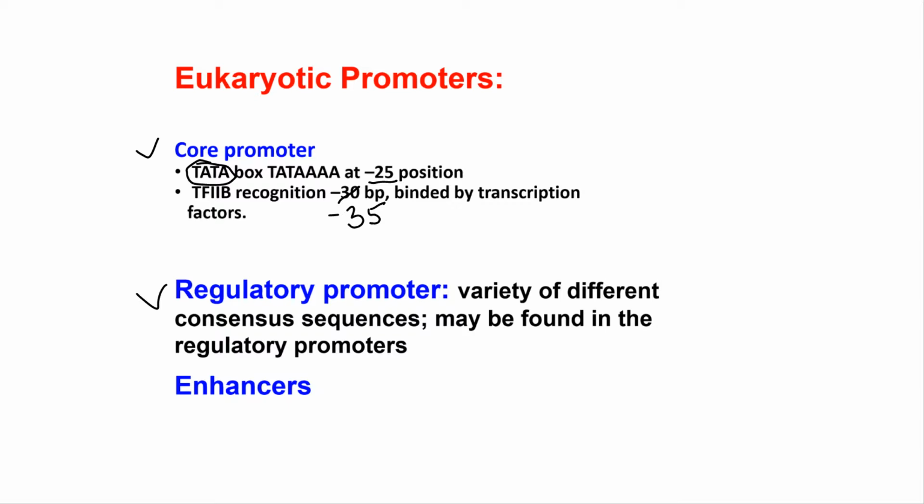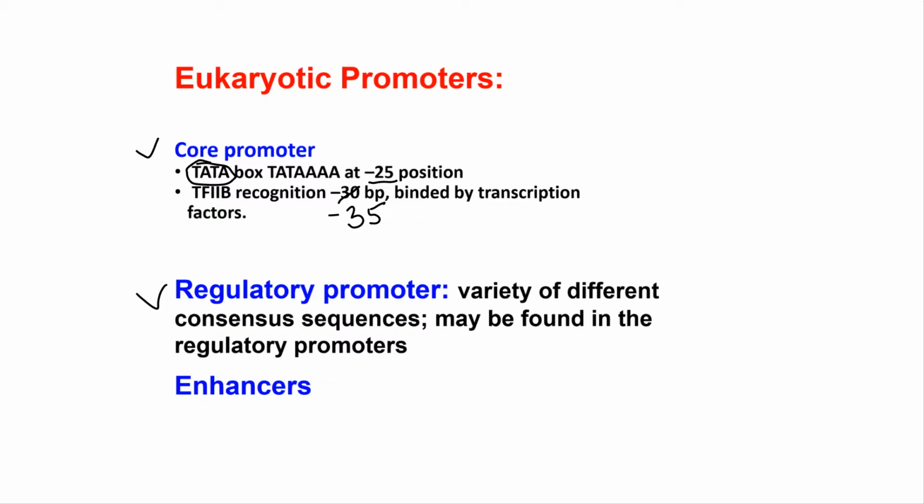In addition to core promoters, genes which are transcribed by RNA polymerase II usually have a regulatory promoter. The regulatory promoter is located upstream of the core promoter and contains different consensus sequences.